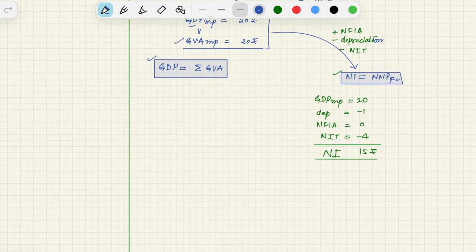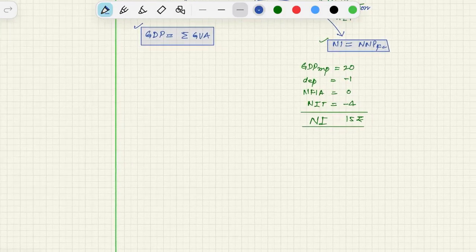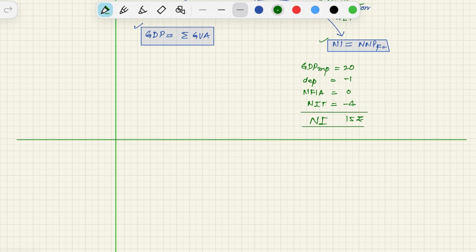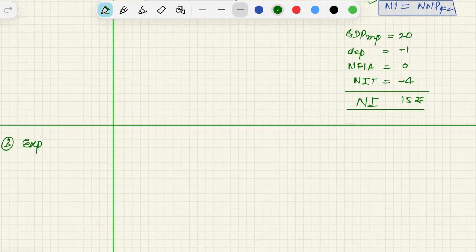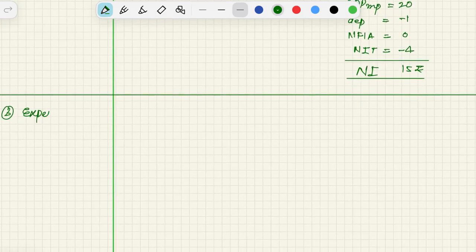The third part would be the expenditure method, right? Third, we have to discuss the expenditure method. Okay. So again, what is the expenditure method?